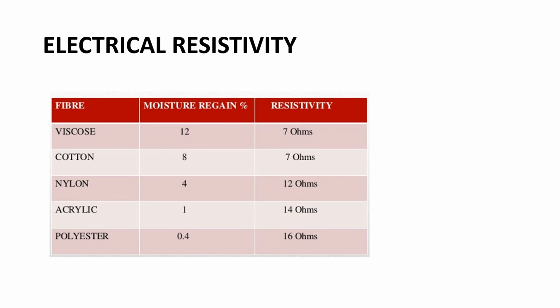Here you can see viscose and cotton have less resistivity, meaning they have high conductivity, so charge can pass through them. But among nylon, acrylic and polyester, polyester has a very high resistivity and low conductivity.